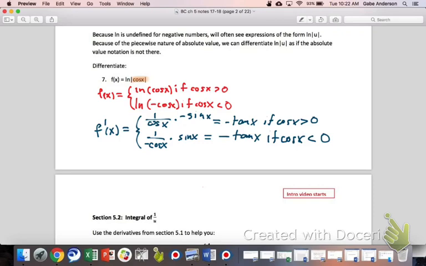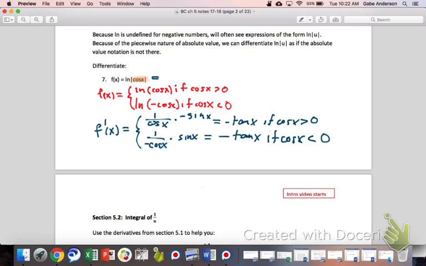So this is obviously a specific example. You could also prove this in general if you want. The bottom line is, if you've got natural log of cosine of x and you're differentiating it, you can differentiate it as if the absolute values really weren't there.